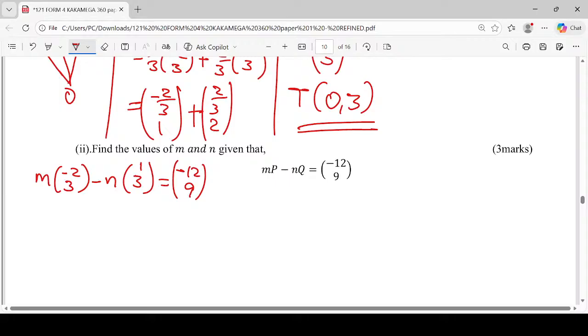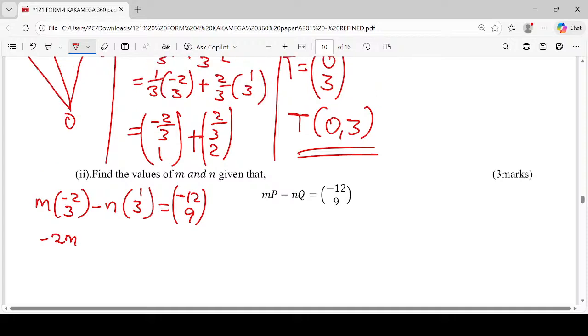So here, M times negative 2, that will be negative 2m. M times 3, just a moment, let me see.